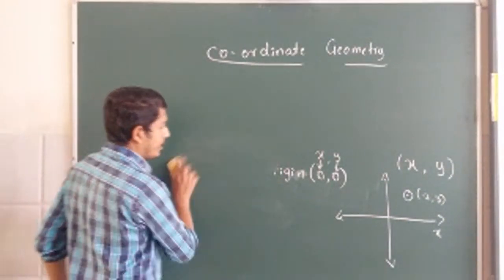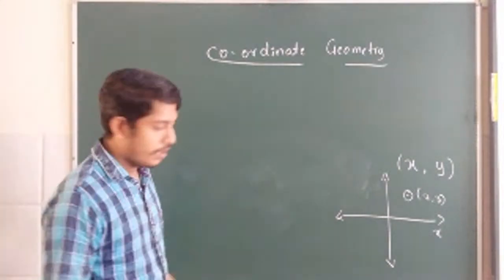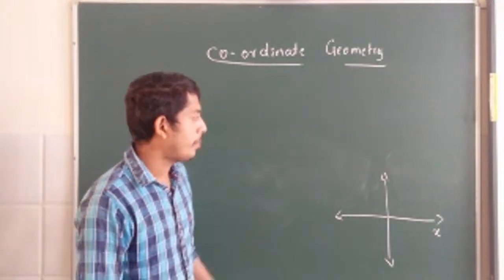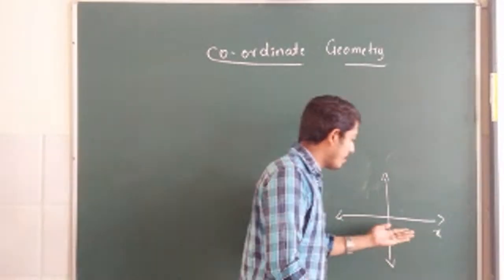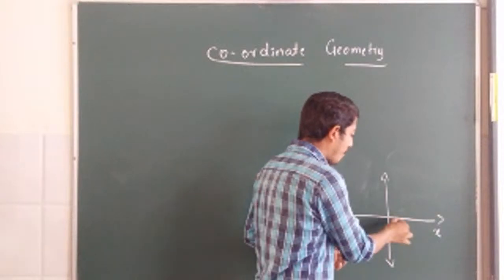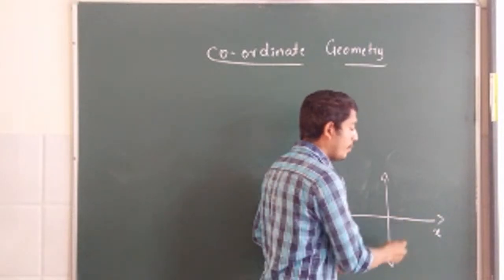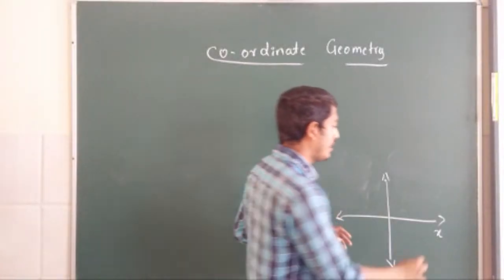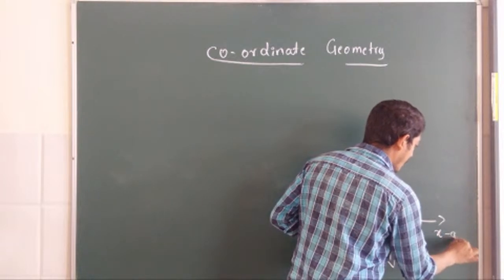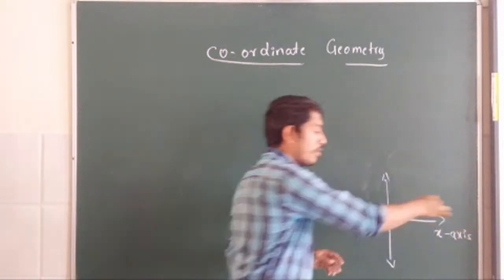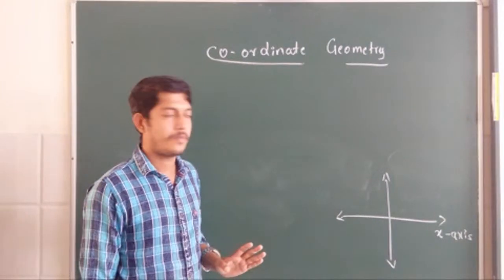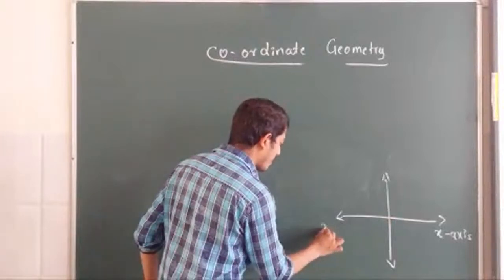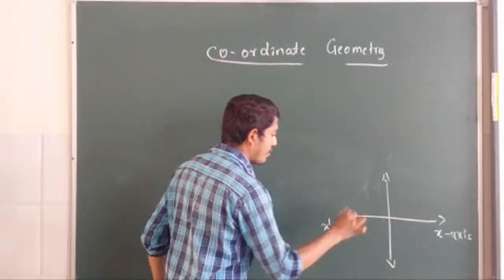Next, if we consider one coordinate plane, the values after the origin we consider as positive values, and that line is called the x-axis. The points present on the left side of the origin, that line is called the x-dash axis.